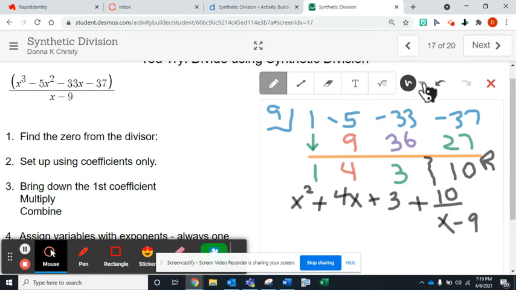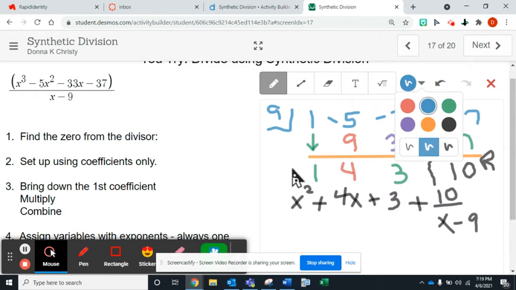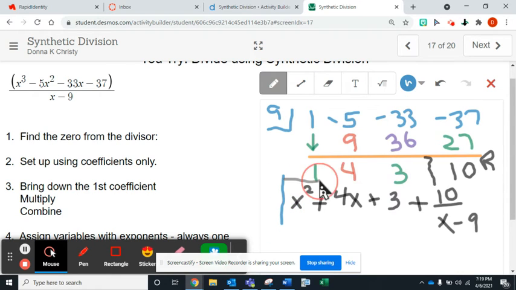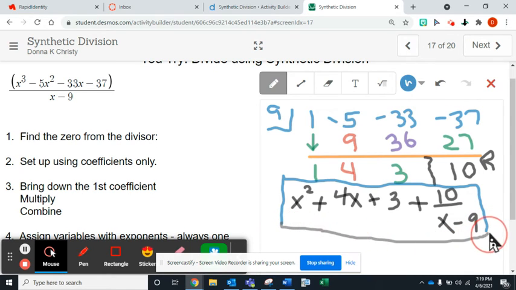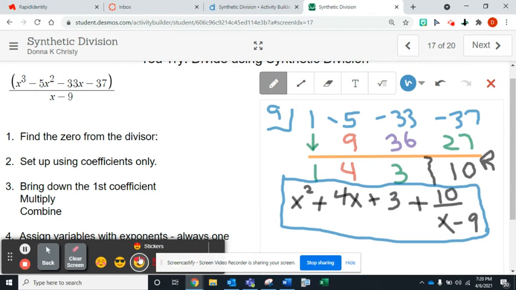And I have just divided that binomial into that cubic polynomial. Okay? All right. So I'm sure you are cool dudes. So the next one, I want you to go to the next slide.